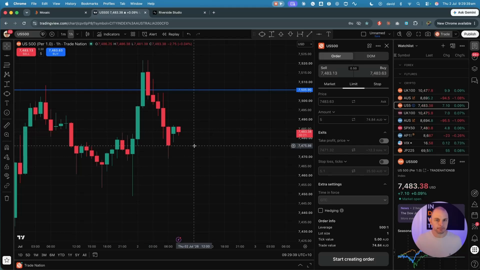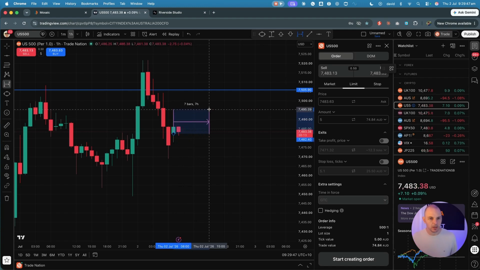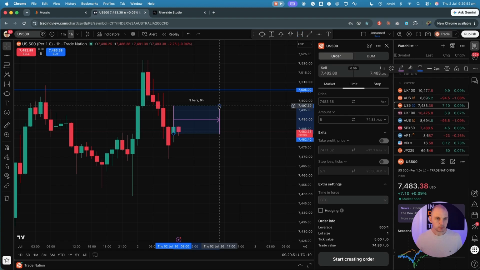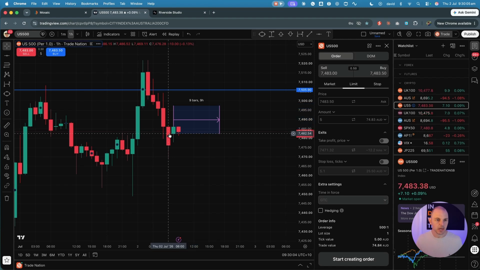So that's basically saying that from this point, the open point, 8 a.m. this morning, through to London open, which is at 5 p.m., so the next 9 hours, historically when we've seen this heading into a US holiday, it has not finished below this point in those 8 occurrences.